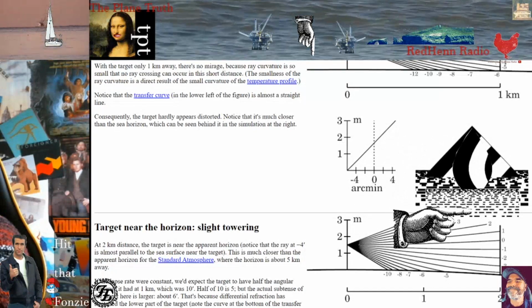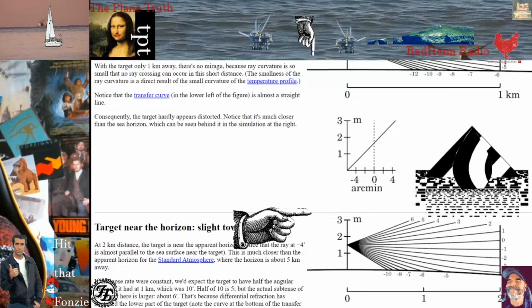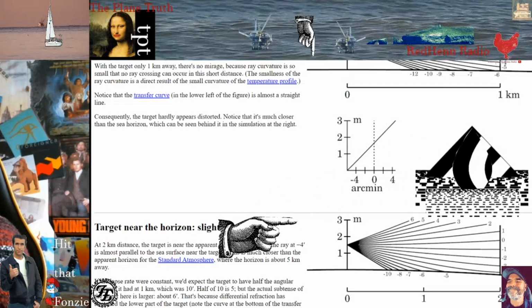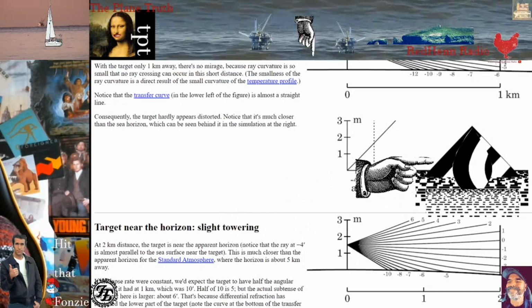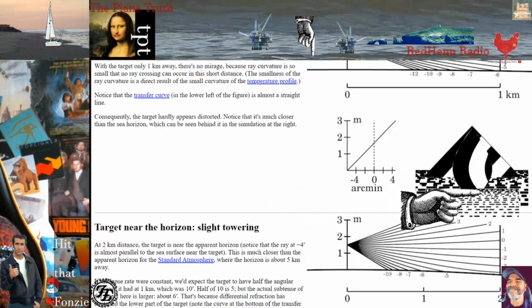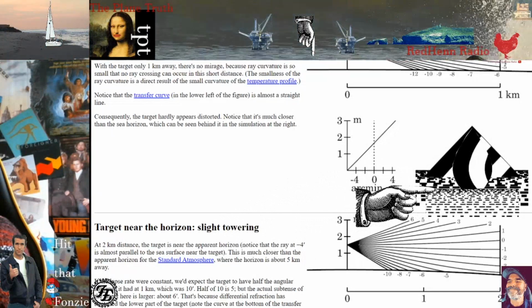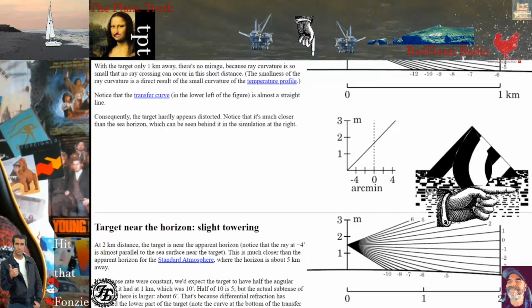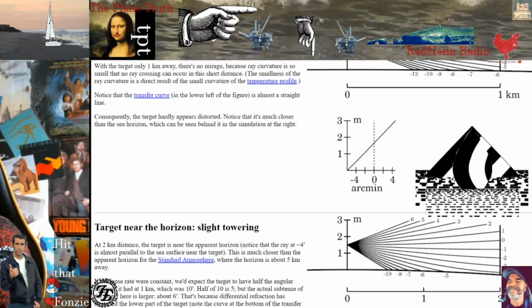You're not rolling over a curved surface. Okay, the horizon is not coming up in front of and obstructing anything. This is not Earth curve here. This is not Earth curve, okay?